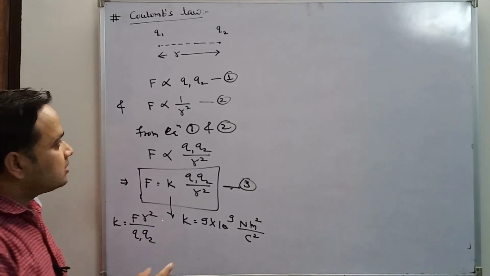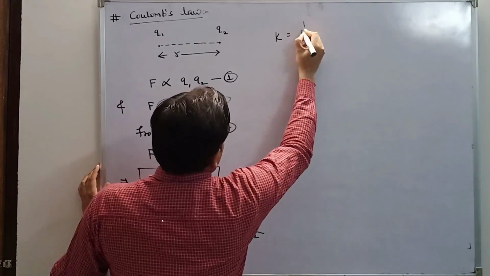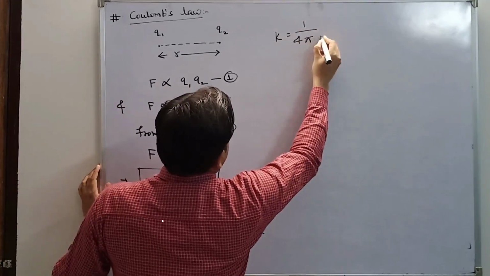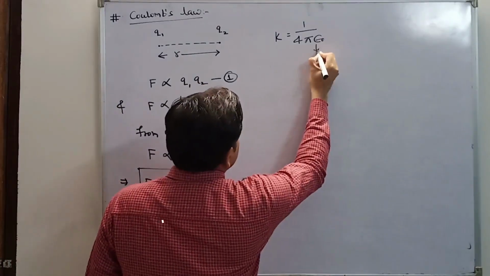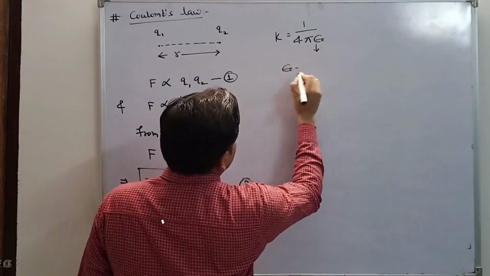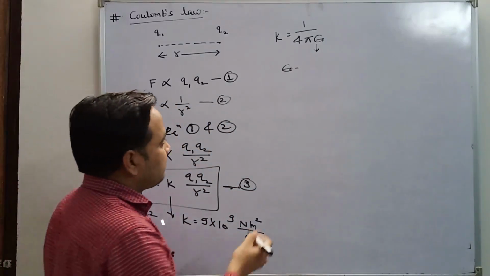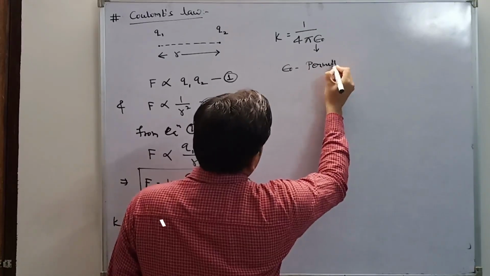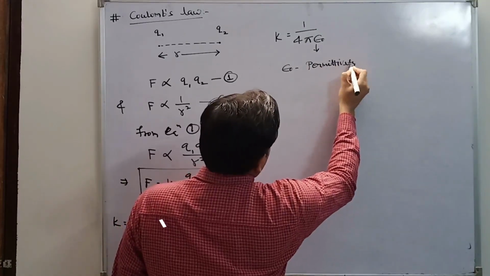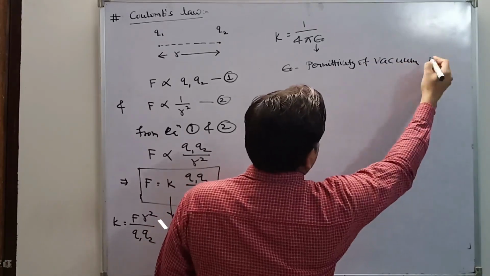In other words, K can be written as 1 upon 4 pi epsilon naught, where epsilon naught is a constant. It is called the permittivity of vacuum or air.